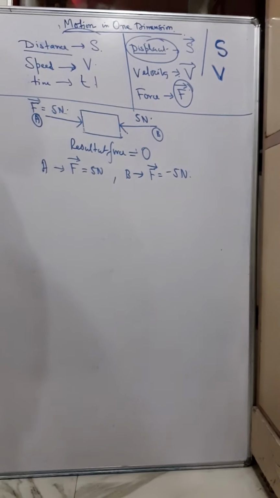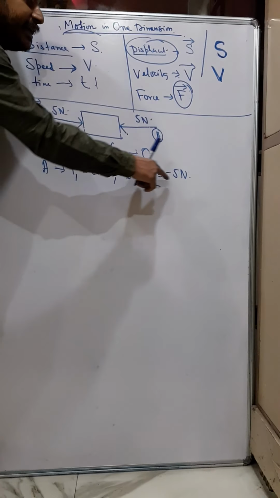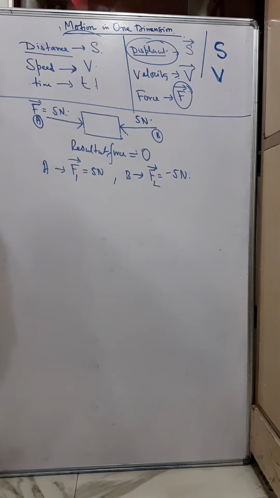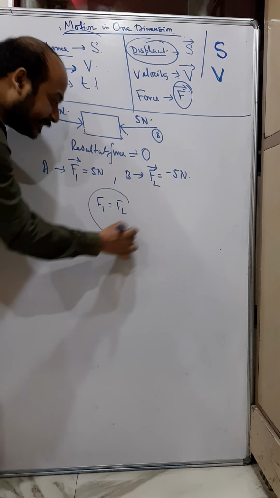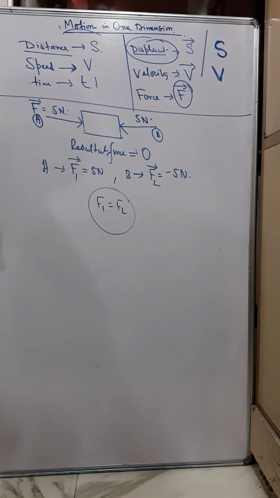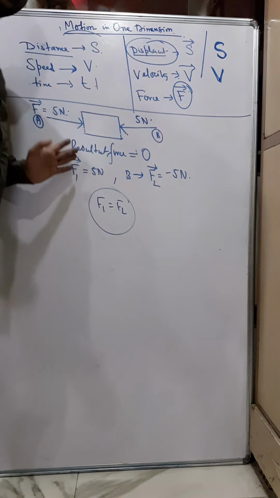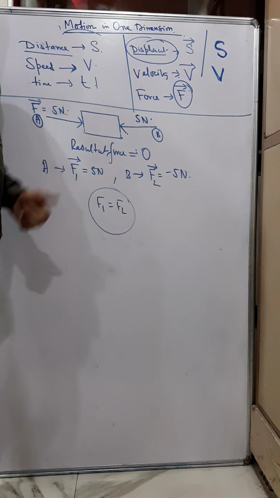So we write here minus 5 Newton because it is acting in the opposite direction. A is applying F1, B is applying F2. And coincidentally, F1 is equal to F2. The magnitude is equal. Nobody is applying more or less force. Both are applying equal force, but still the body is not moving.